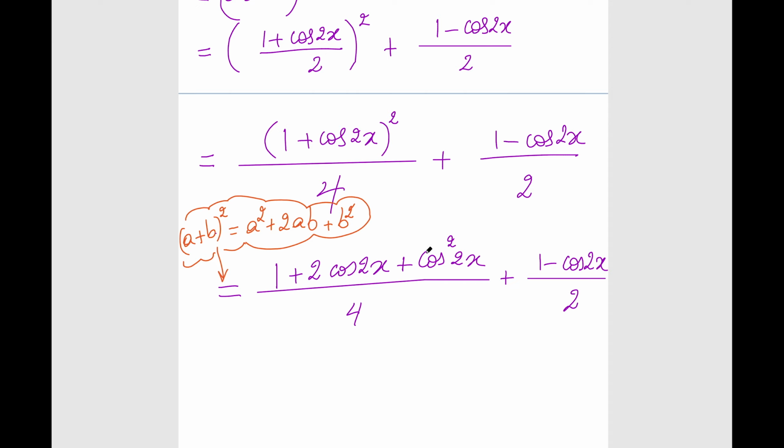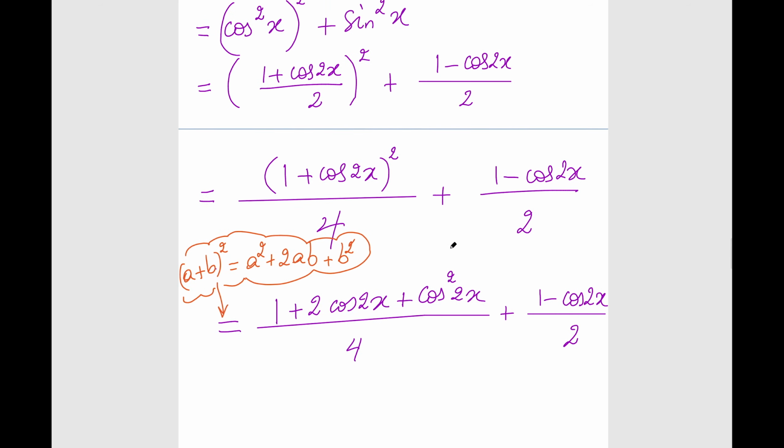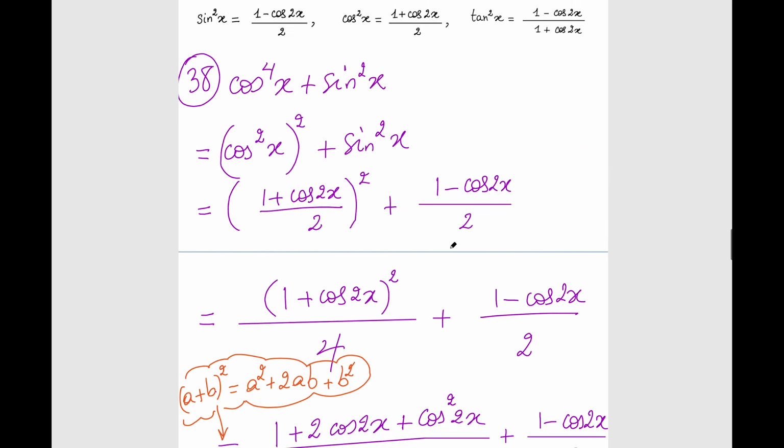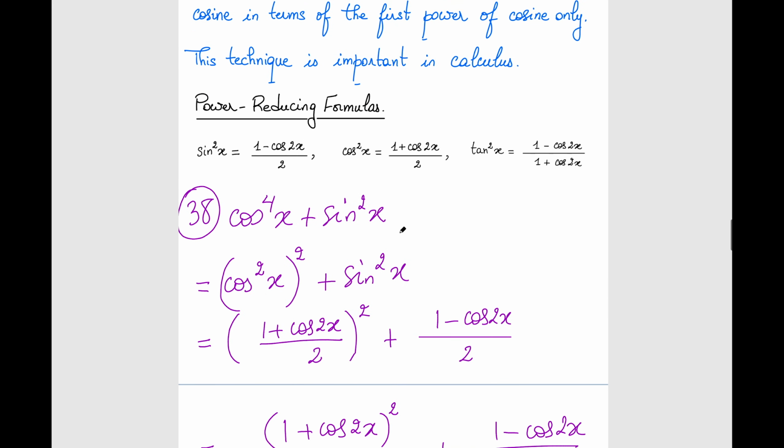Okay, so the last thing I need: remember the question is to write the expression in terms of first powers of cosine, and this is certainly not the first power of cosine, this is a second power of cosine. I still need to rewrite this in terms of the first power of cosine, and can I do so? Yeah, I just have to apply this power reducing formula, but not with x this time, with twice x.